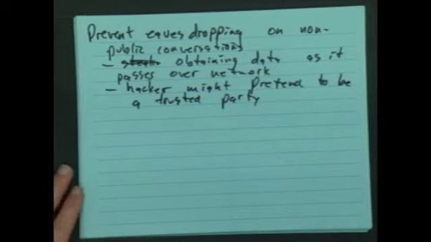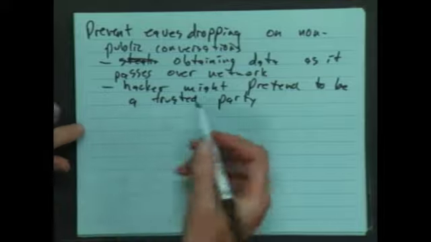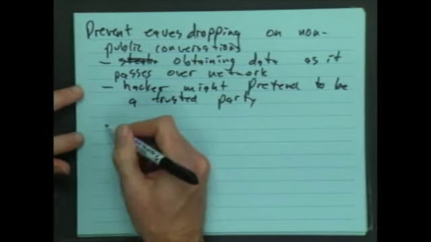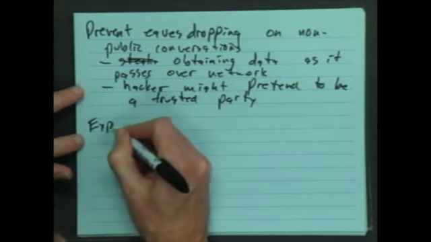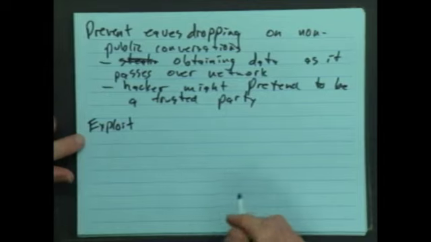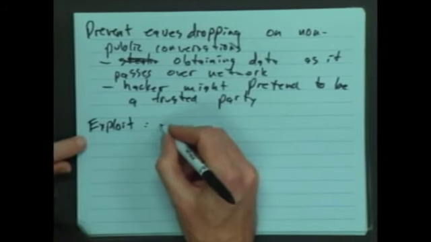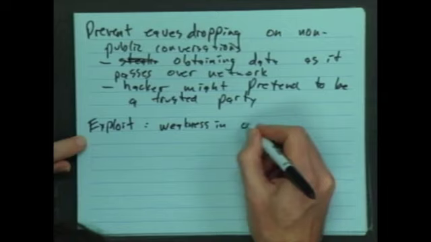All right, so let's talk about the basic ways it works. There are other easier ways to get in, but we're going to talk mostly about an exploit. An exploit is a coding problem. We'll call it a weakness in the code.